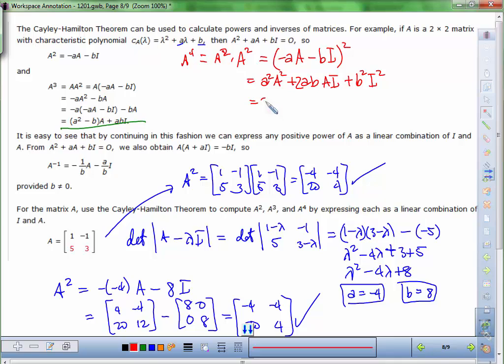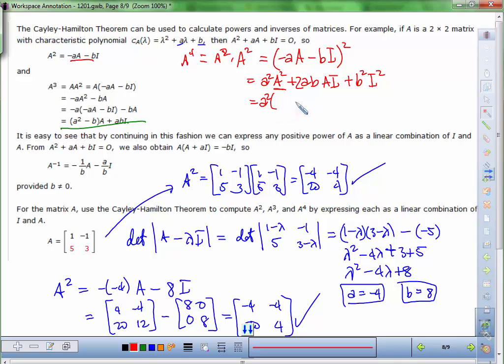And we have A squared, so A squared is equal to this. We don't want any squares, right? The whole point of this is to simplify it with just A's and I's.